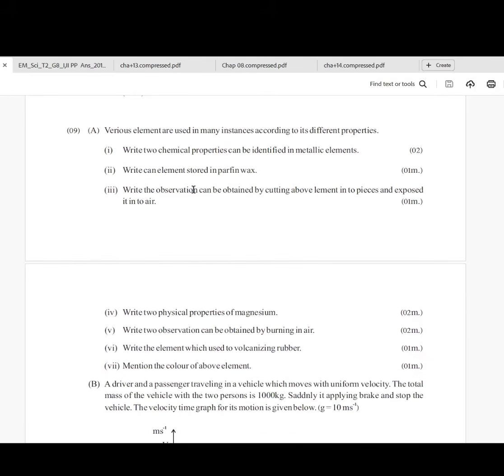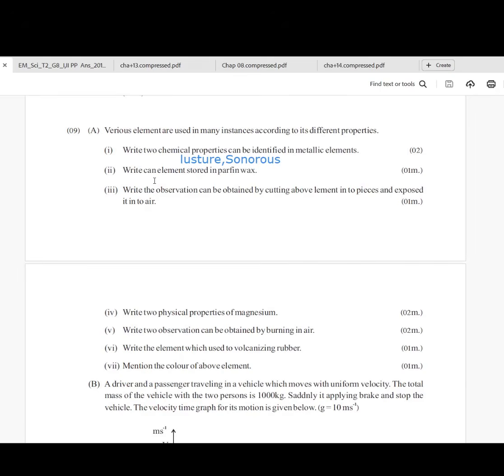Question number 9. Various elements are used in many instances according to their different properties. Write 2 chemical properties that can be identified in metallic elements. You can write lustre and sonorous.